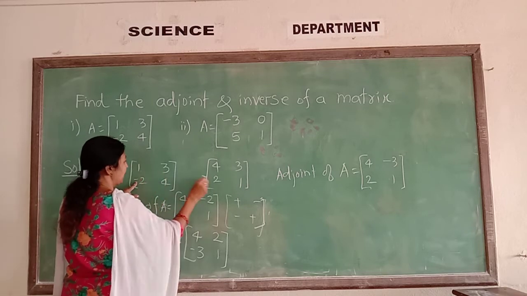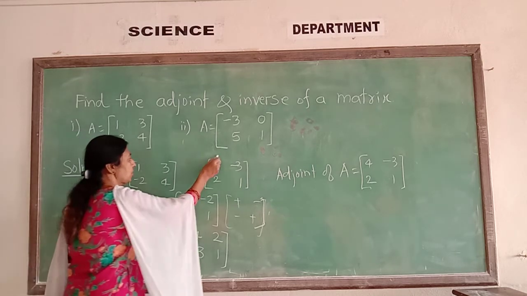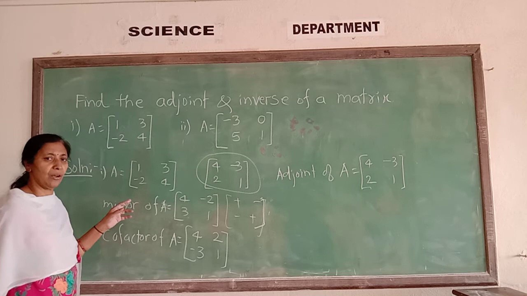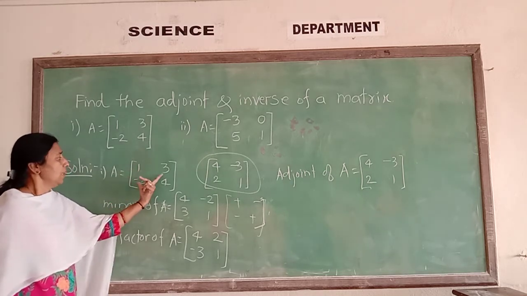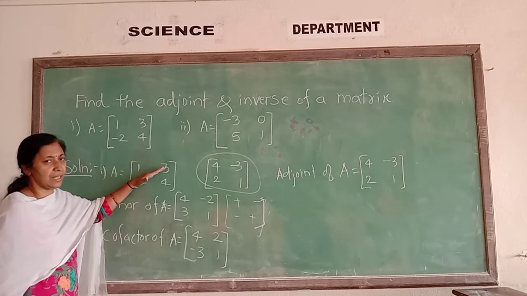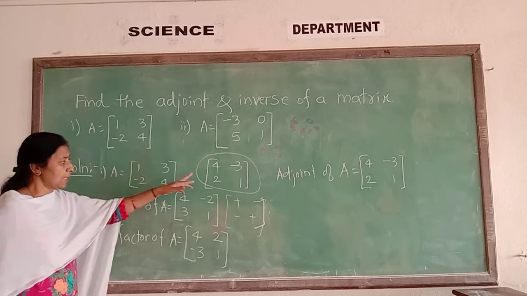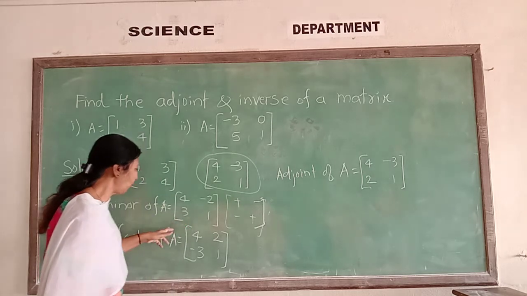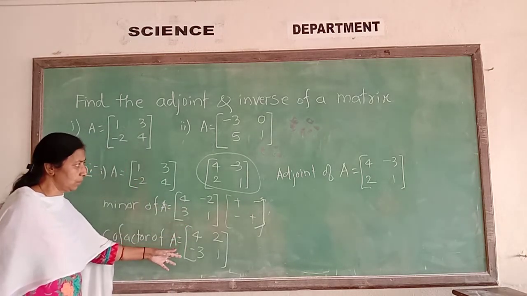It will become plus, it will become minus. So directly you have to write like this. This is a shortcut method to write the adjoint of a given matrix of second order only. Change the places of the numbers, and change the sign of the other two. Write the numbers as they are, only change the sign. And directly we will get the adjoint of the given matrix. But if you are asked to find the cofactor or minor, you have to work all of this out.